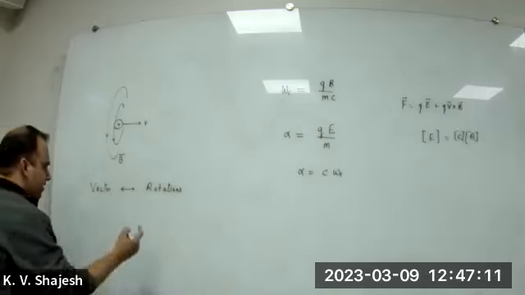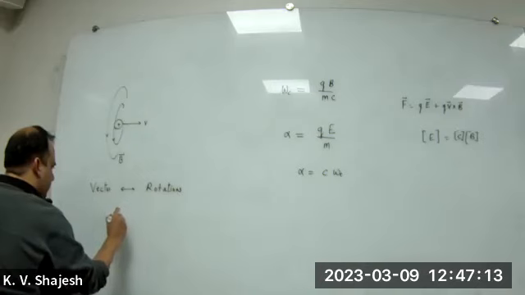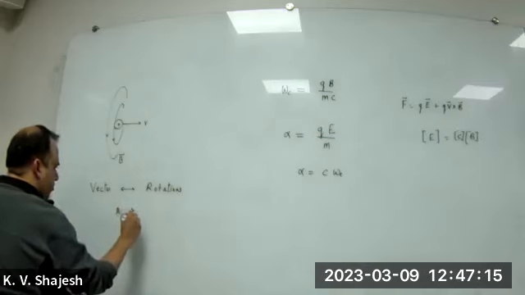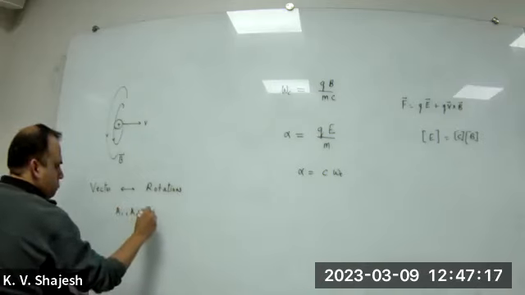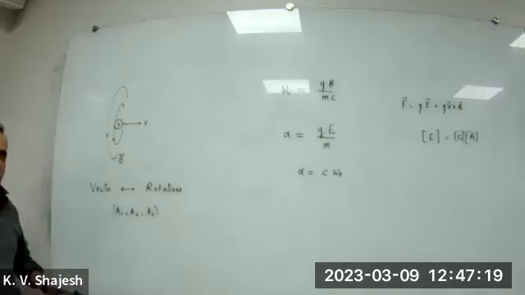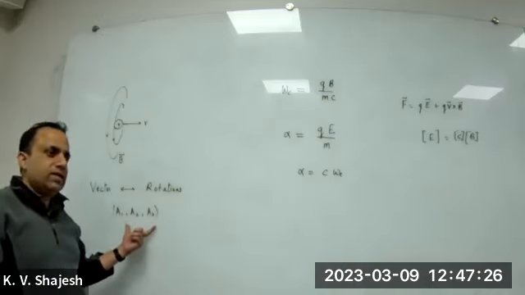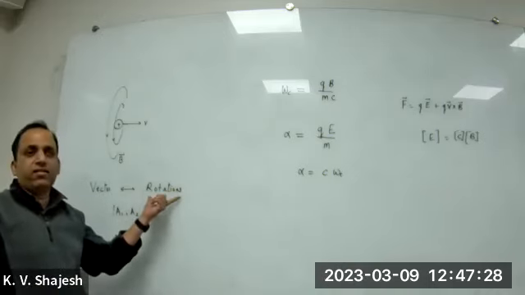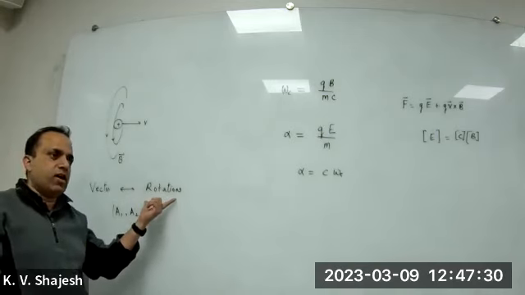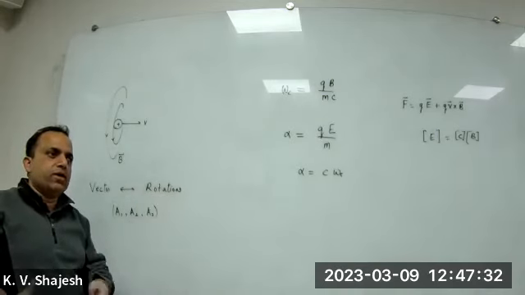Think of any 3 quantities, A1, A2, A3. It could be anything. Typically, these are the 3 components of a vector. But any 3 components that transform the same way as a position vector transforms under rotation will be a vector.